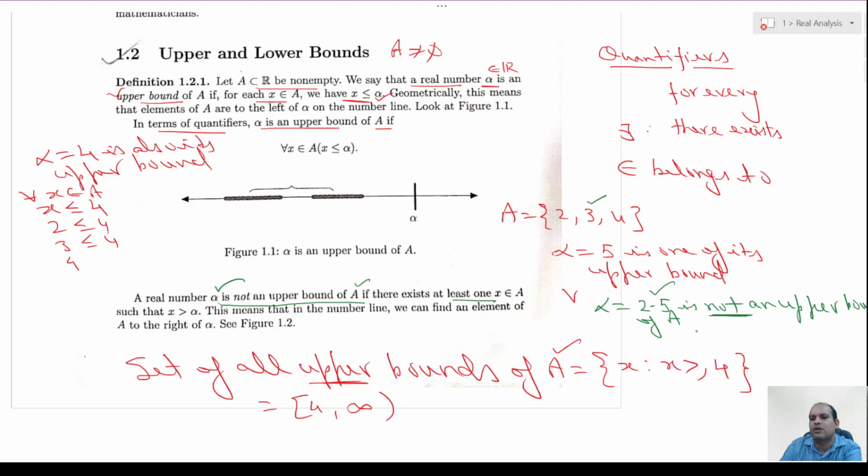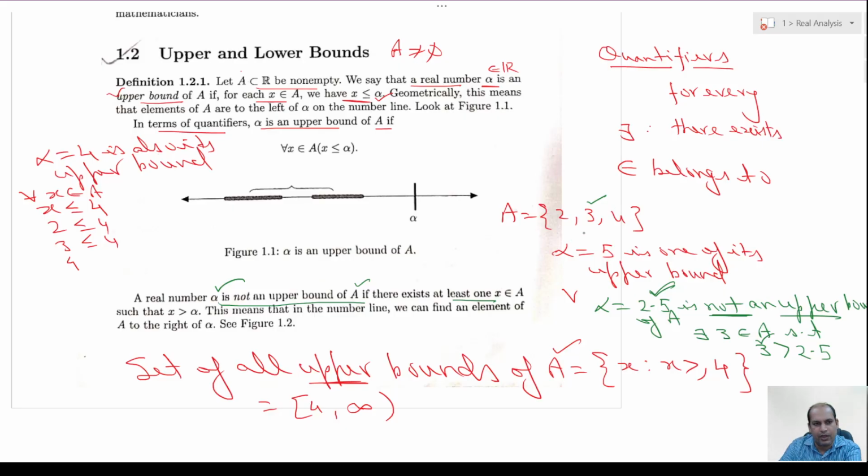Say there exists 3 belonging to set A such that 3 exceeds alpha, that is 2.5. So if I am able to produce at least one member from the set which exceeds this alpha, then the claim that 2.5 is an upper bound is discarded. Similarly, 3 is not its upper bound. Why? Because there exists at least one element 4 which exceeds this 3.